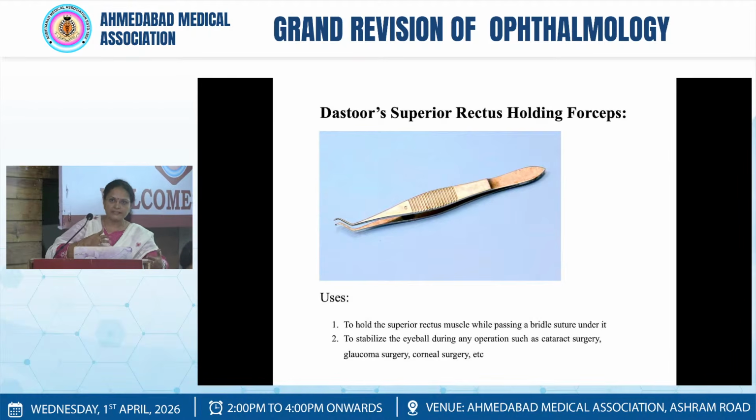Cataract, small incision cataract surgery. You should not need it in phacoemulsification, right? Then anti-glaucoma surgery. In anti-glaucoma surgery, the other option nowadays is you can pass the traction suture from the cornea, right? So also you can turn the eyeball downwards.